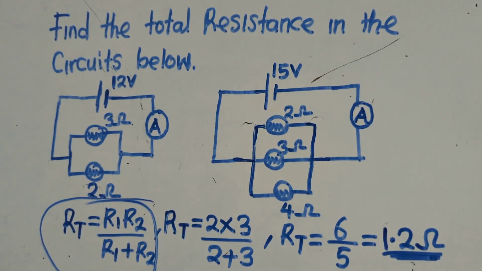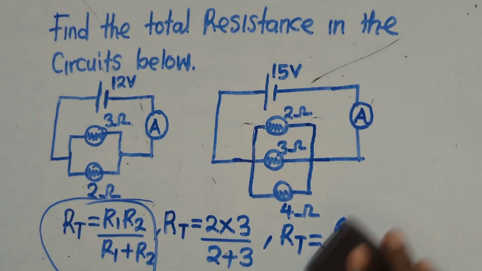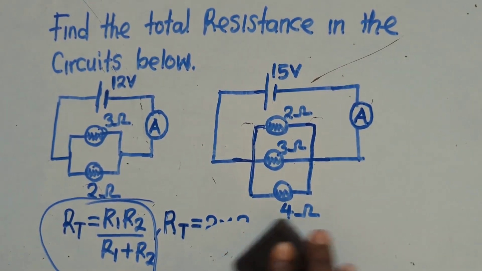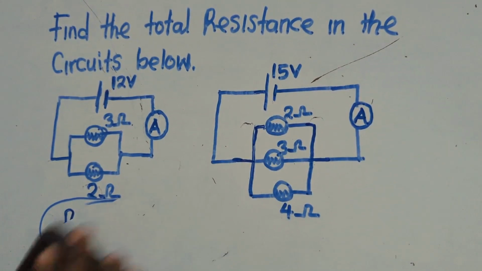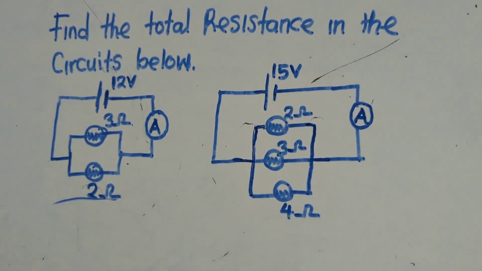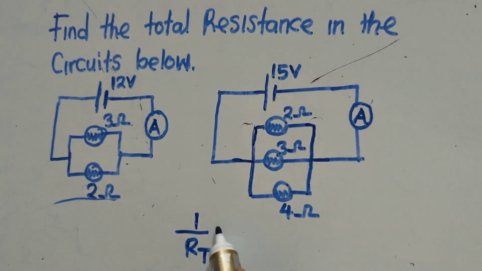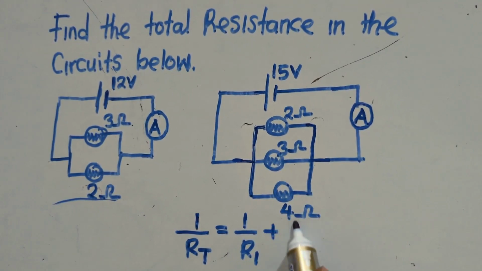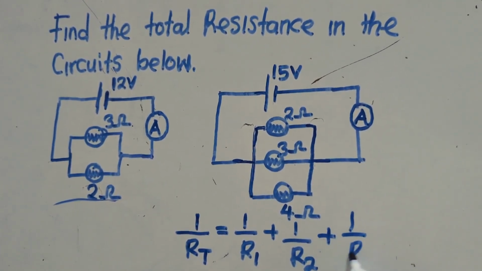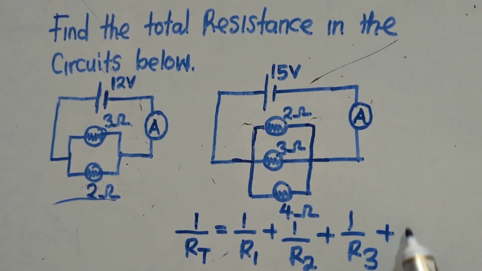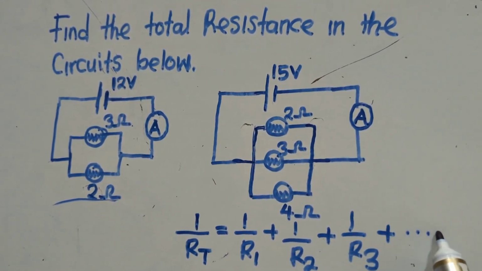We move now to this other question where we are given three resistors. What are we supposed to do when we are given three resistors? The formula you are going to use is 1 over total resistance equal to 1 over resistor 1 plus 1 over resistor 2 plus 1 over resistor 3, and so on.